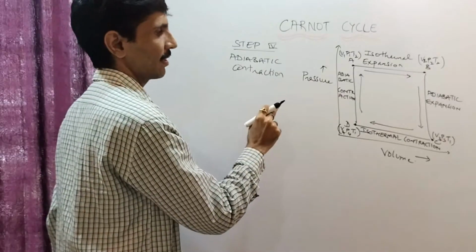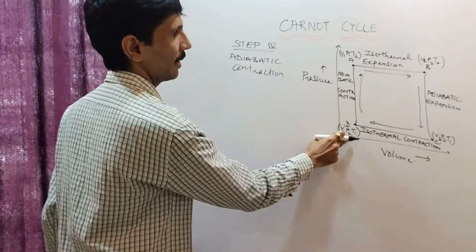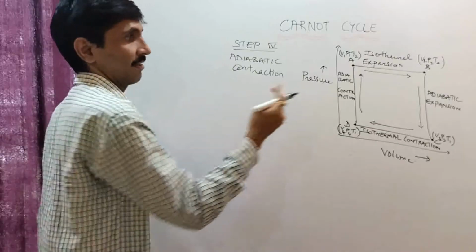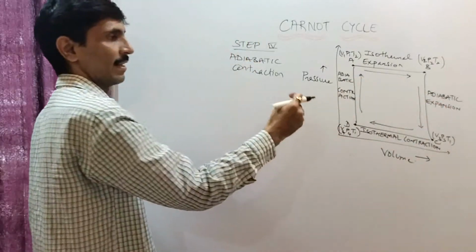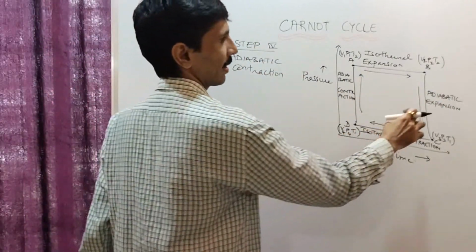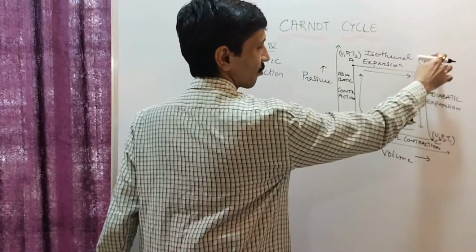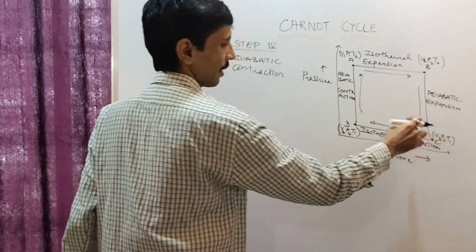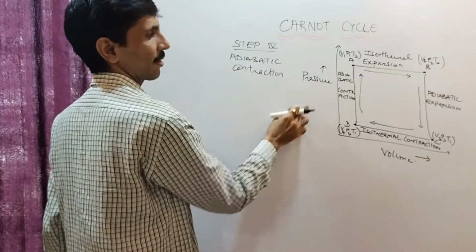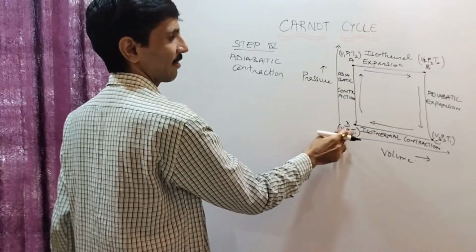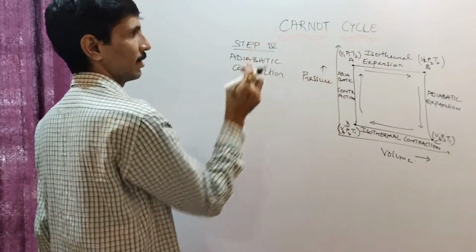As a result of the adiabatic contraction, there will be an increase in the temperature. It's the opposite process. If you can recollect, I told you during adiabatic expansion, there is going to be a decrease in the temperature. Now here in the adiabatic contraction, there is going to be an increase in temperature. So it goes from T1 to T2.